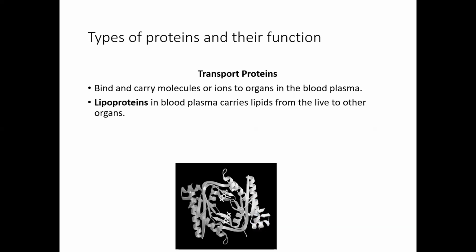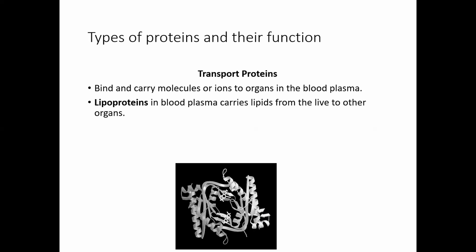We have other proteins that are responsible for transportation. They serve a transportation function in the body, and we call them transport proteins. They bind and carry molecules or ions to organs in the blood plasma. For example, plasma albumin is a transport protein in the blood plasma.